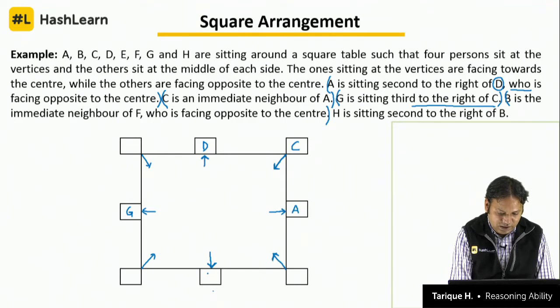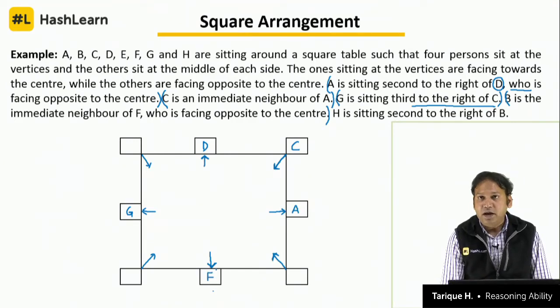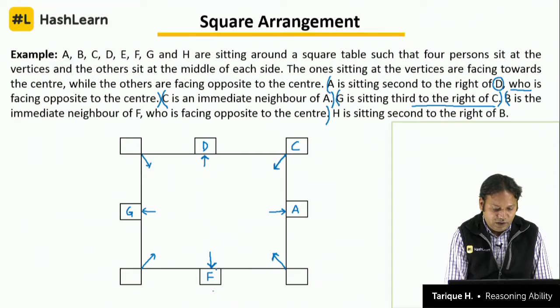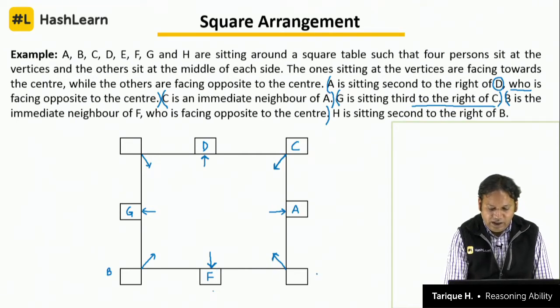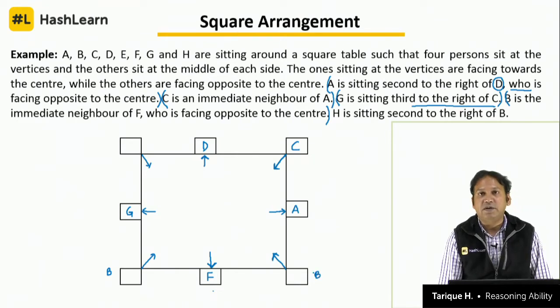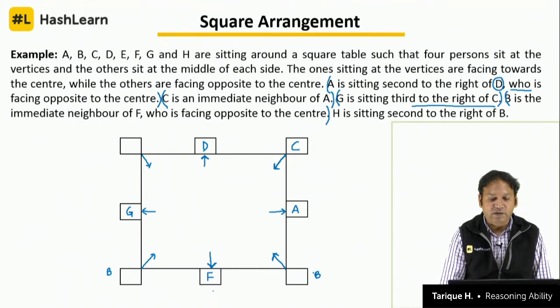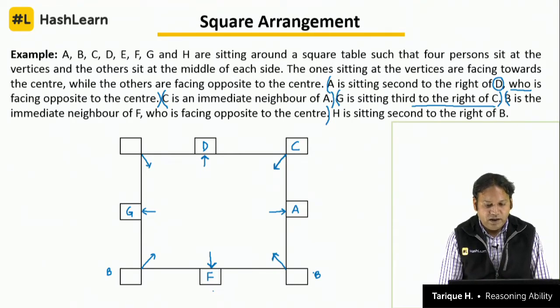So F is here, that will definitely be the position for F, and B is the immediate neighbor of F. So there are two possibilities for B, one is this one and one is this one, because we don't know which side, left or right.